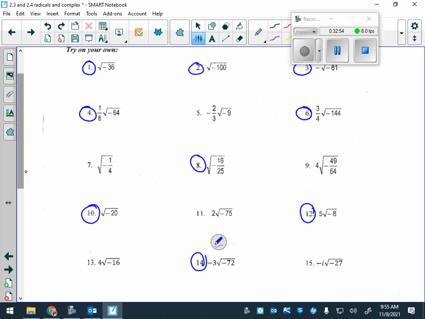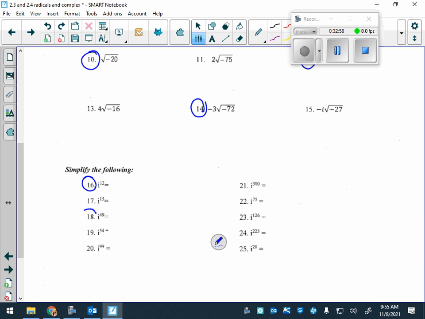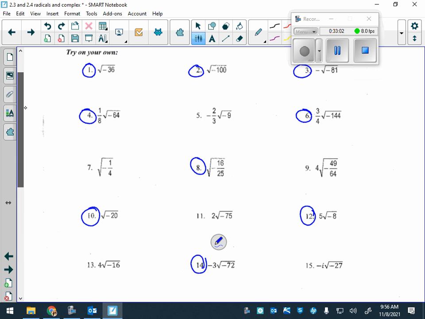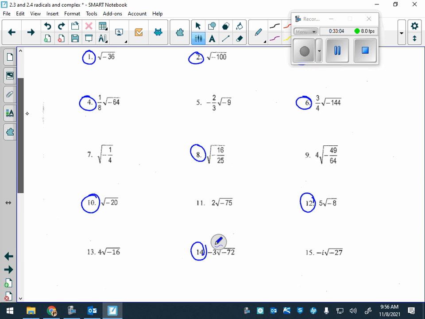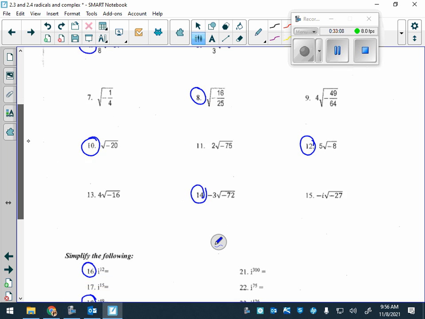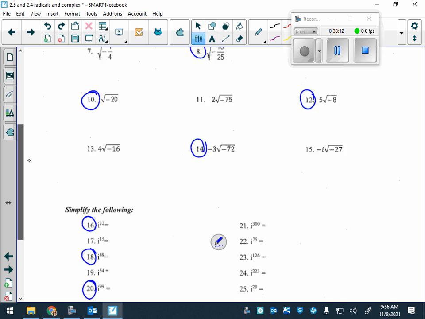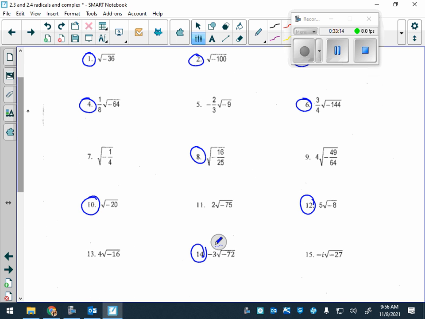Then our evens. 6 through 20. Okay? So 1 through 4. 6, 8, 10, 12, 14, 16, 18, 20. Okay? I want you to go through those. And again, if you get stuck, ask someone next to you.